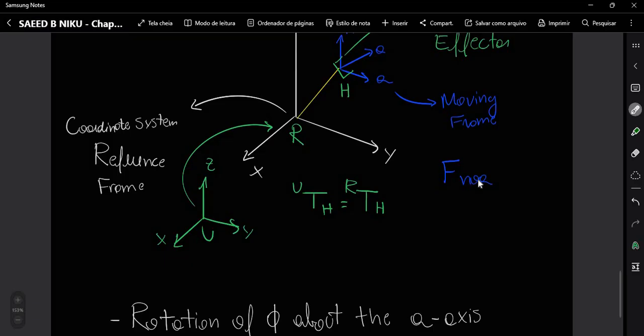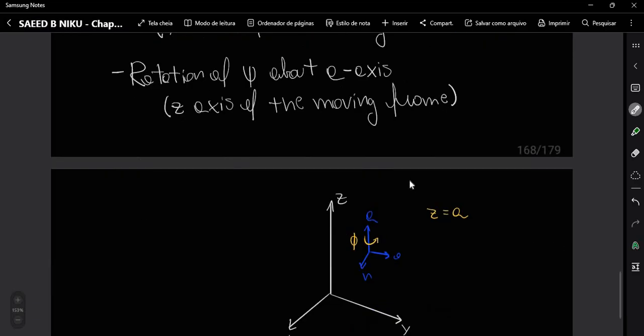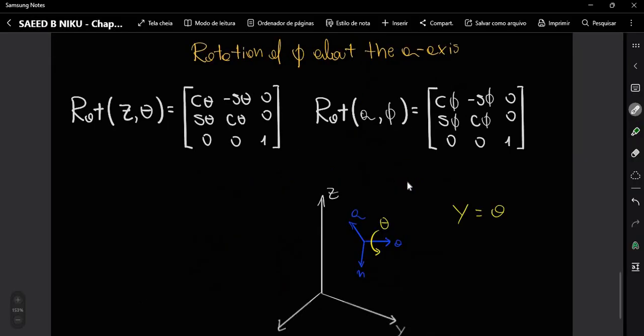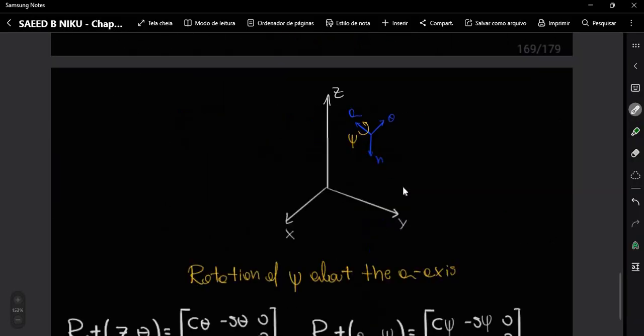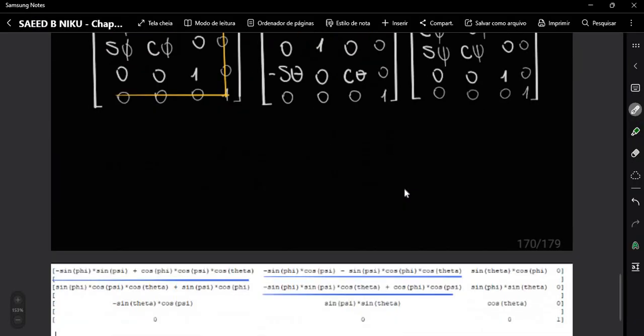As the name of the end effector, we name it H because of the hand of the robot, and also the tool that we chose to attach to the end effector.